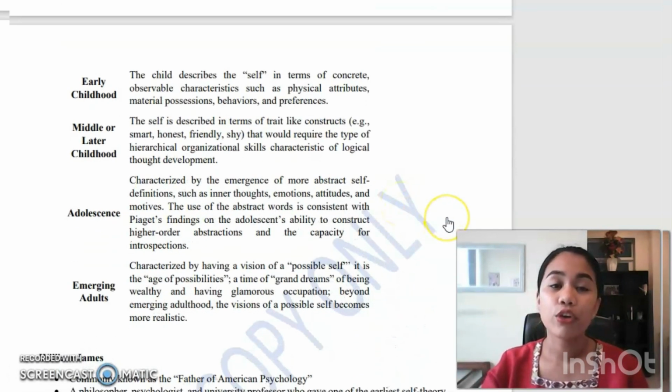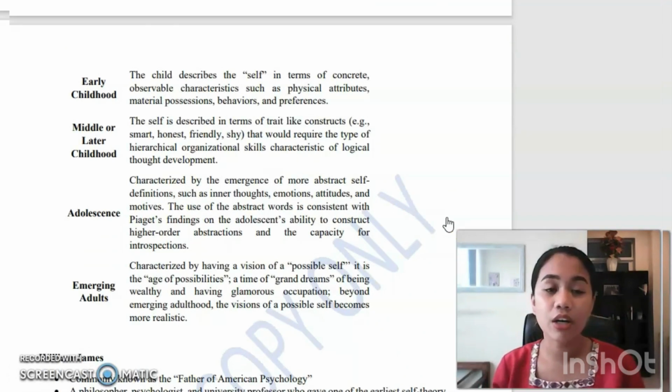For the adolescents, they are characterized by the emergence of more abstract self-definition such as inner thoughts. They already know how to think deep inside, thoughts or ideas that they will not share with the world or with their parents, they keep them to themselves.